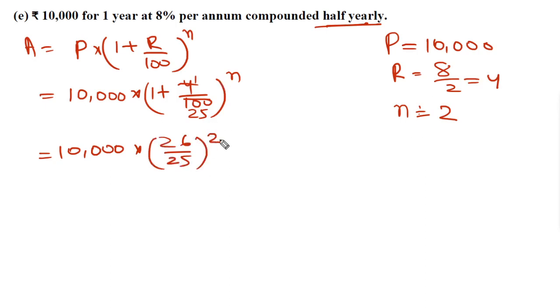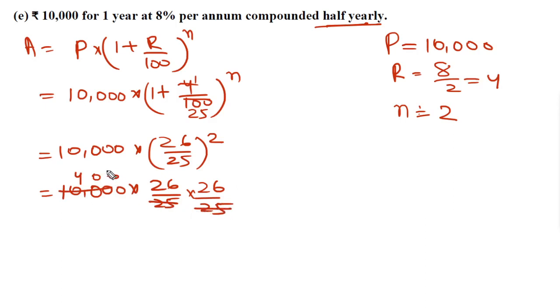You can write 2. Then it will be equal to 10,000 into 26 by 25 into 26 by 25. Now you can cancel this 25 4s are 100, then 00 400, then again you can cancel 25 16. So you have to multiply 26 into 26 into 16, and then after multiplication you will get 10816.